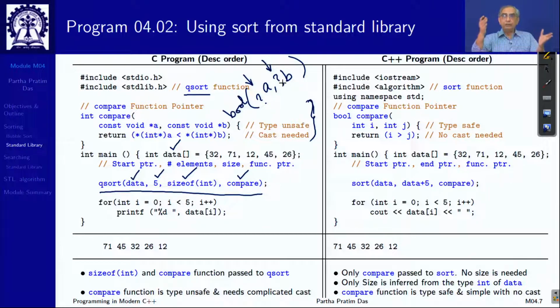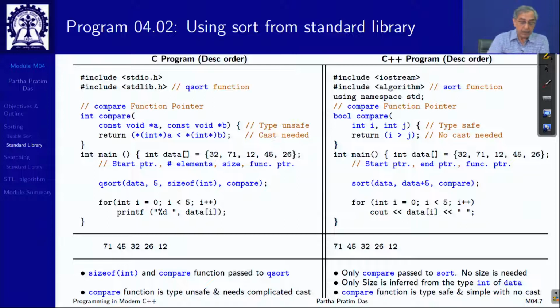The comparison logic would be different, and the data type would be different for this compare function, and you do not know that. So, what do you do? You do another trick. More than a trick, I should call it a hack, which is a very common hack in C, which makes it very risky actually.